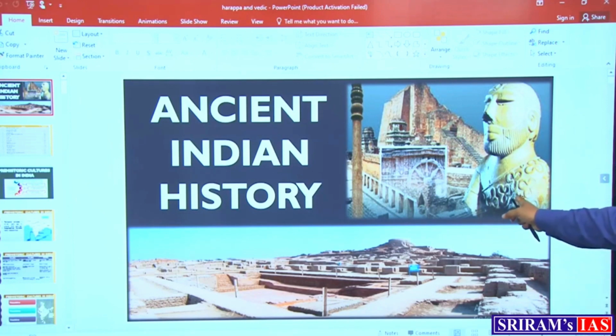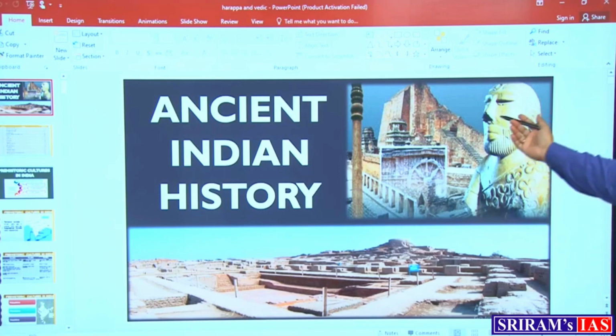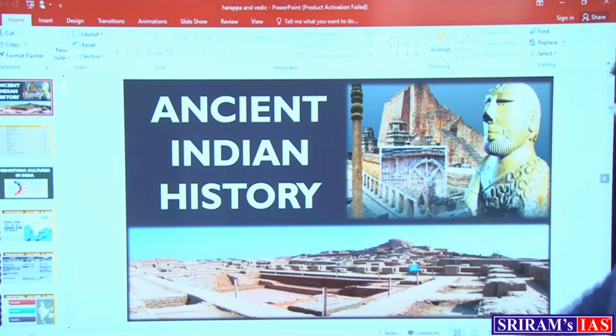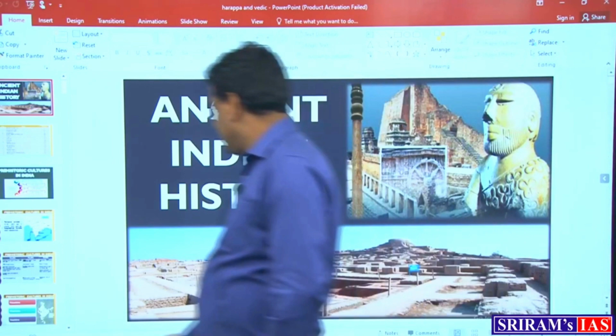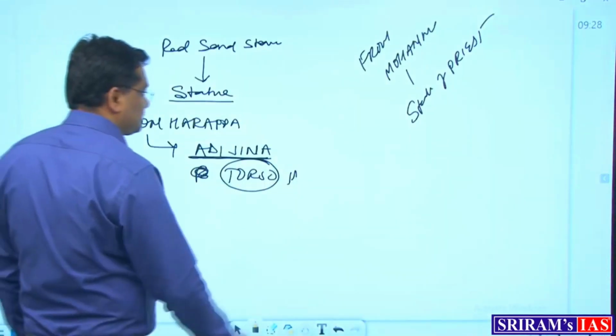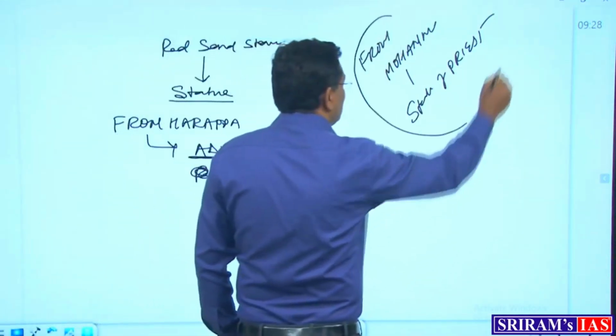Look at the stylish person. It's a very fashionable priest. But his nose is a bit broken. Otherwise, he is in the perfect mode of looking like a priest. So this statue of a priest we have found from Mohenjo-daro.